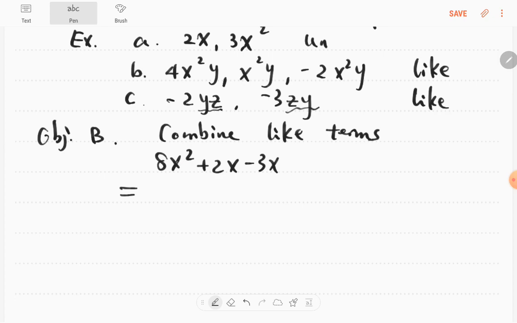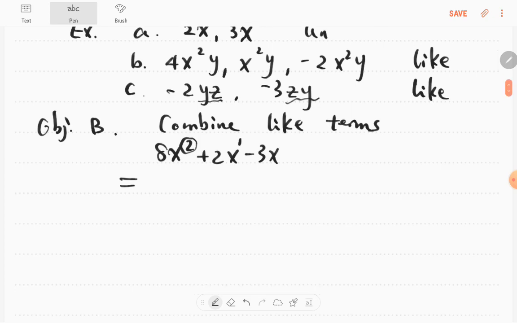For the first term, x to the second. So this is 2. And for the third, use this one. It's 1 and 1. So for the third term and the second term, they are like terms. But for the first one, it's not. So if it's not like term, we cannot combine. But for the second one and the third one, we can combine them.